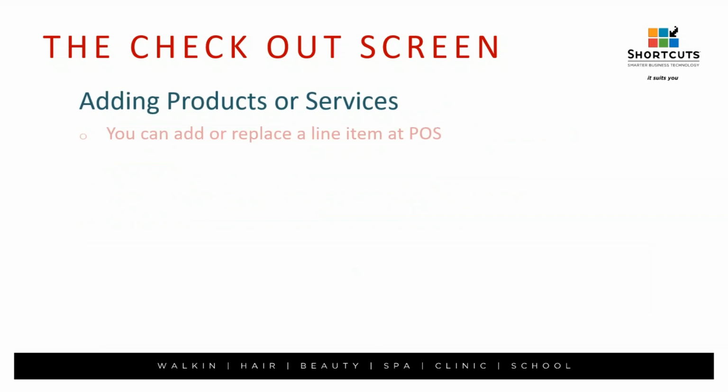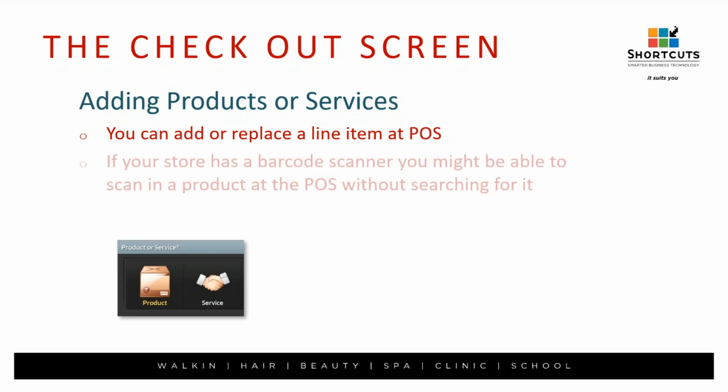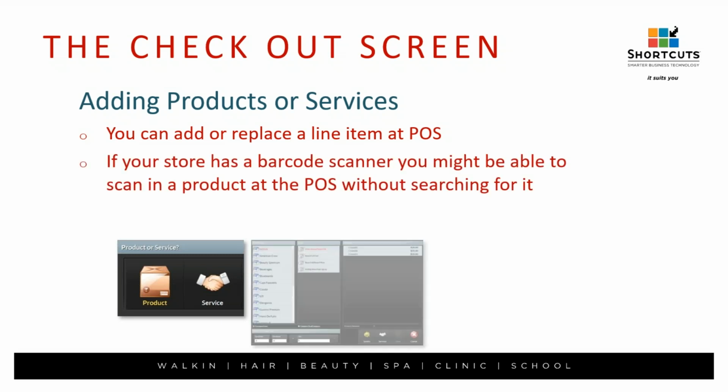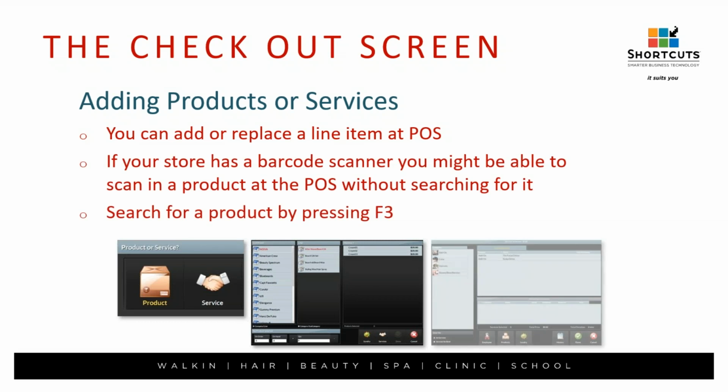So if you're adding a product to a transaction, if you choose product, you can search for the company and search for the line. If you have a barcode scanner at your business and if you've recorded all of your barcodes, you don't even have to click one of the blank lines. As soon as you scan a product, Shortcuts will add that item into the point of sale.